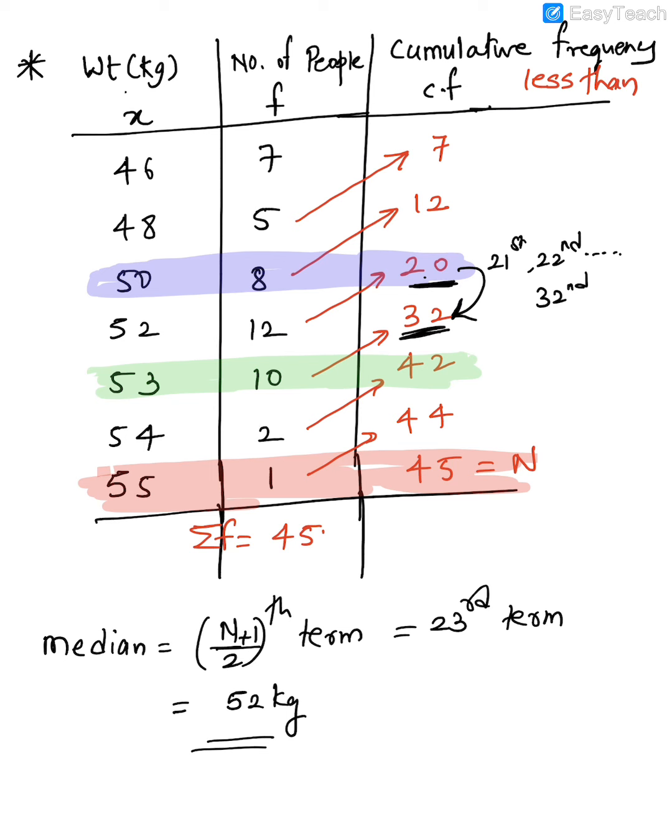After that, the 21st, 22nd, 23rd, all those guys till the 32nd guy, his weight is how much? 52 kg. So there are 12 kids whose weight is 52 kg. And the guy who's 23rd will obviously be in that range only, between the 20th and 32nd. So his median weight is also what? 52 kg.